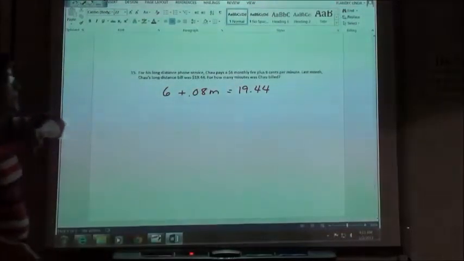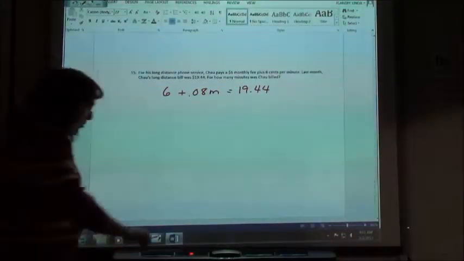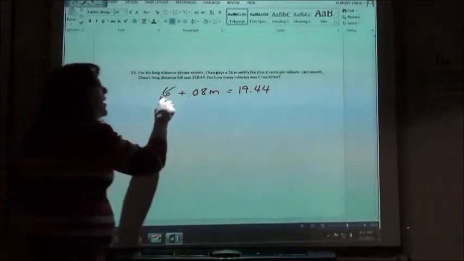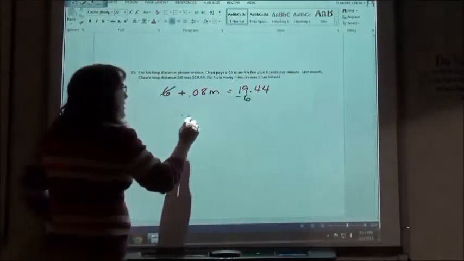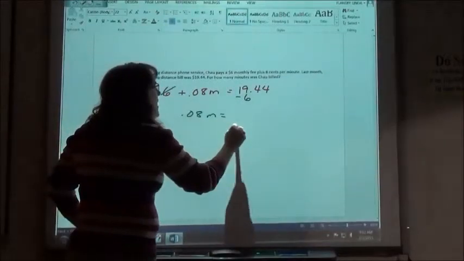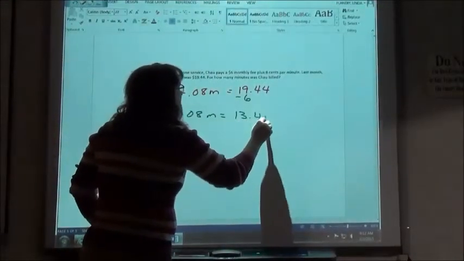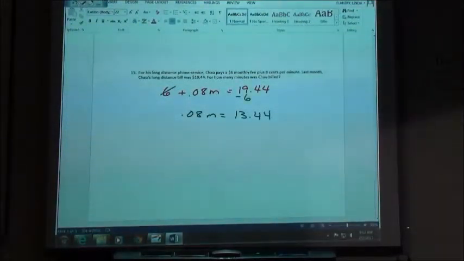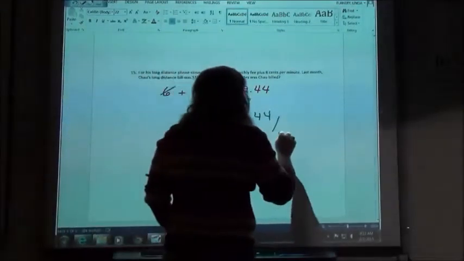Total bill was 19.44. So in order to solve that, the first thing I should do is subtract the 6. So 0.08 m is going to equal 13.44, if I subtract 6 from 19.44, and then I'm going to divide by my 0.08.